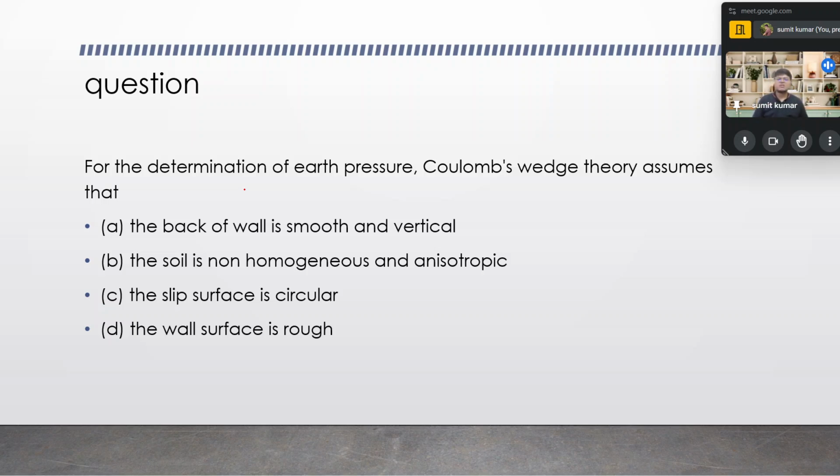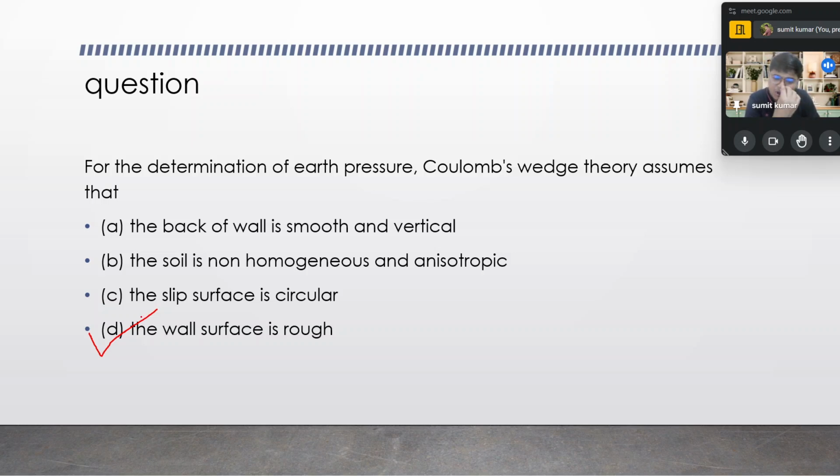For the determination of earth pressure, Coulomb wedge theory assumes that the back of the wall is smooth and vertical, slightly non-homogeneous and isotropic, slip surface is circular, or wall surface is rough. So the answer for this is D, that is, wall surface is rough.